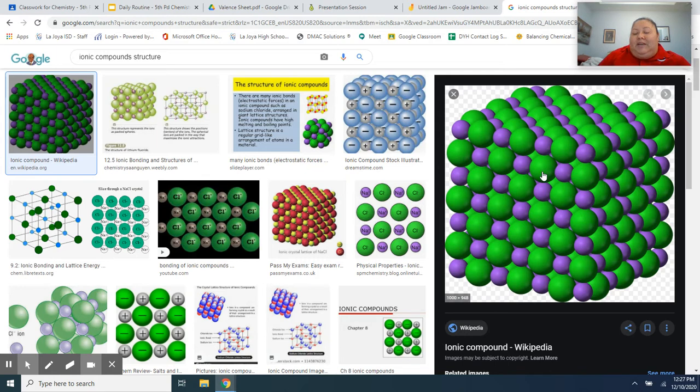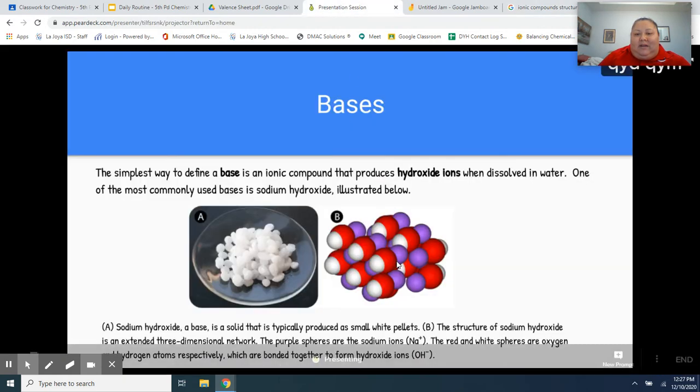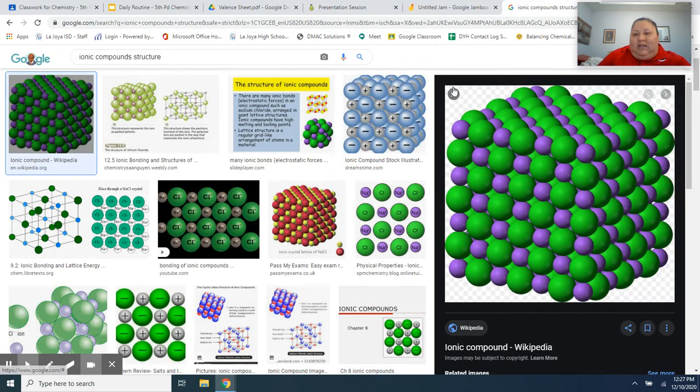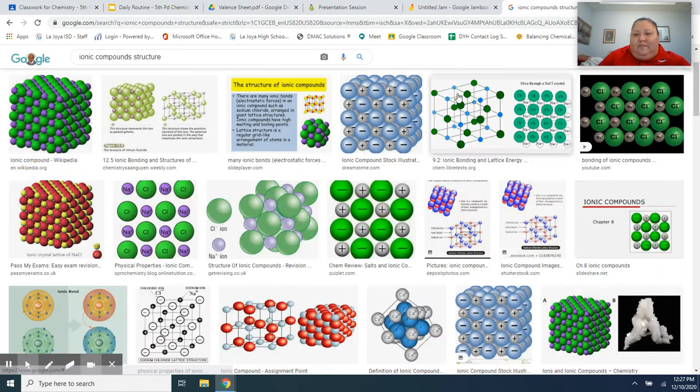If I were to bring up sodium hydroxide, you would see the picture that we have in the Pear Deck, where you have three different colored marbles. But all ionic compounds, look it up, all of them look like marbles connected to each other and organized in a box-like structure.